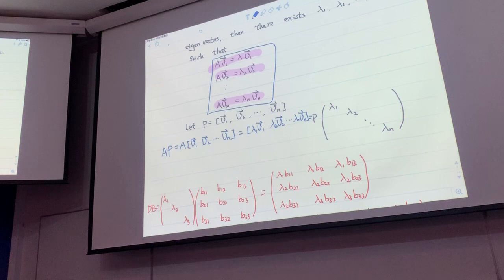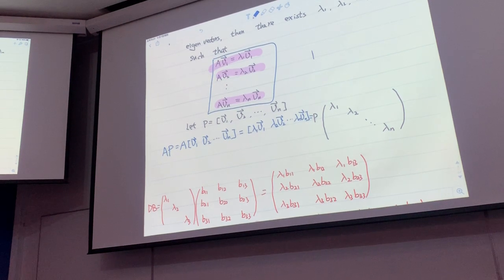More specifically, the matrix D is denoted as lambda 1, lambda 2 to lambda n, and then this one you can write as PD.